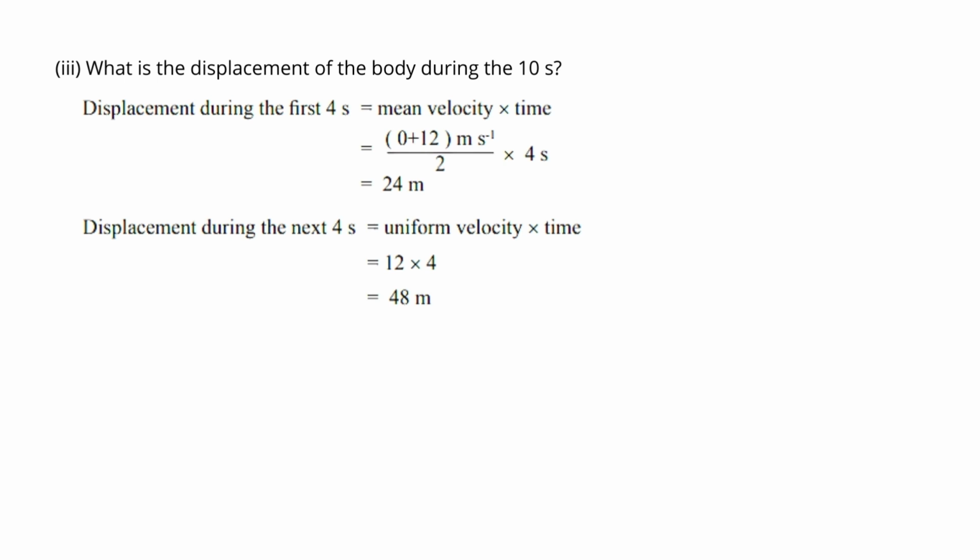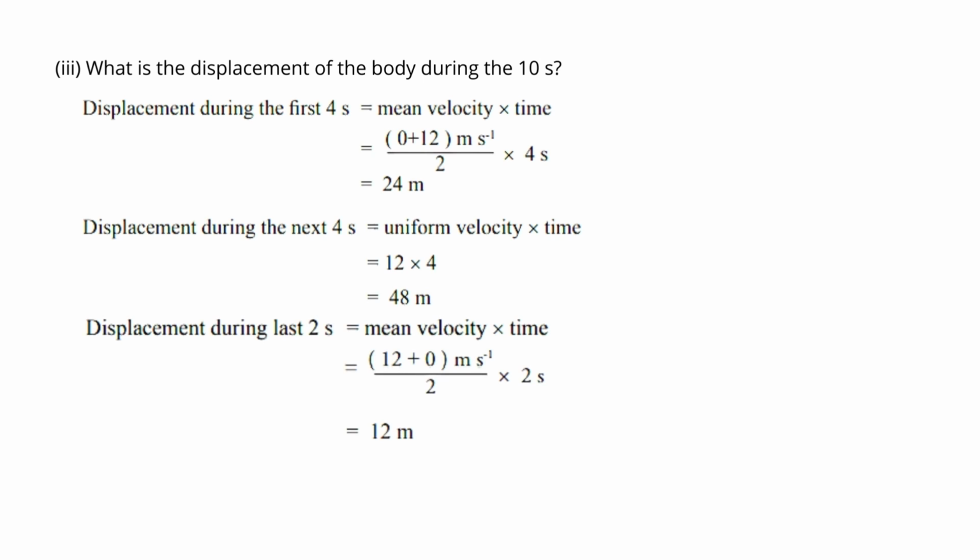Next, the displacement of the body during deceleration. As you all remember, the body was moving at a velocity of 12 meters per second and came to rest. Here again the velocity is changing, so we need the mean velocity. I take the initial velocity as 12 meters per second and the final velocity 0, divided by 2, so we get 12 meters per second divided by 2.